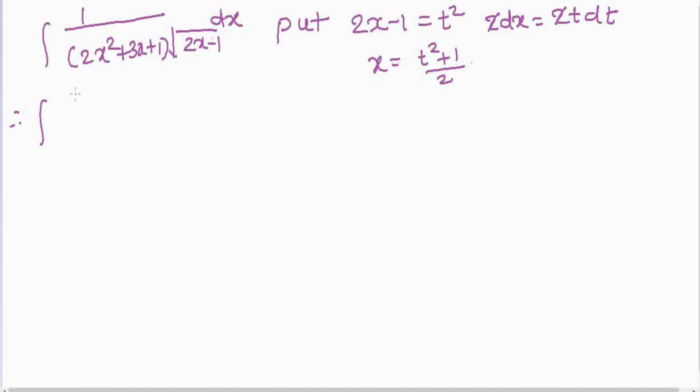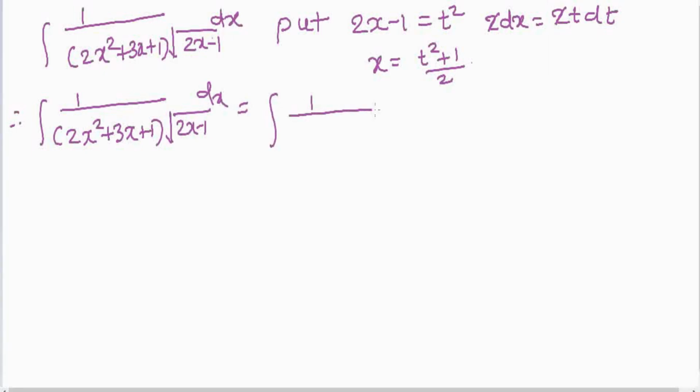Therefore integration of 1 divided by 2x square plus 3x plus 1 into under root of 2x minus 1 into dx equal to integration of 1 divided by 1 divided by 2 into x square.